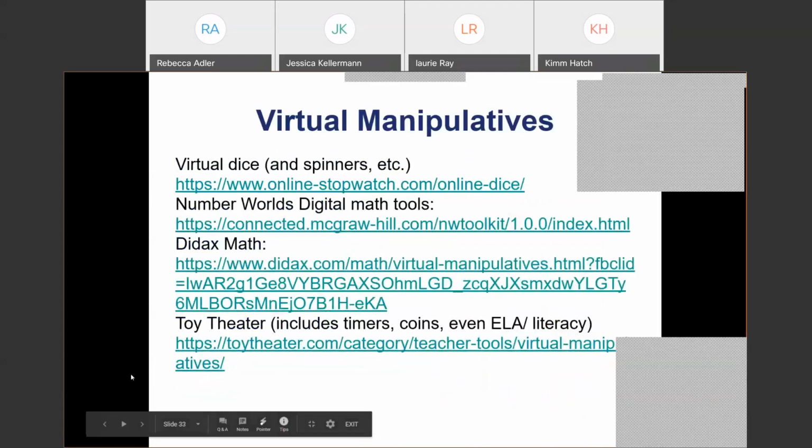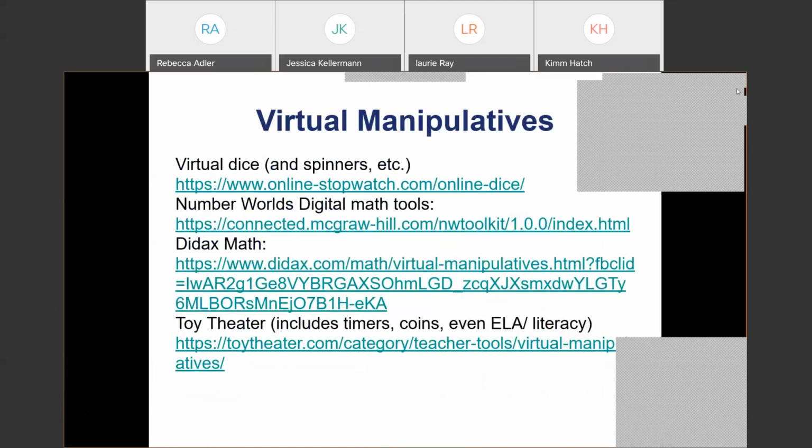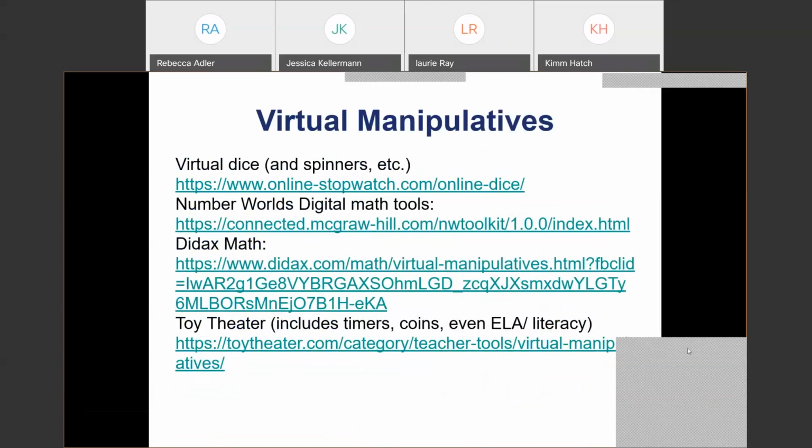These are just a bunch of links to different virtual manipulatives. I know not everyone is one-to-one, but we're definitely slowly getting there. With the iPads and whatever, these are just more tools you can have, because I know some schools are definitely more scarce on their manipulatives. So these are just some virtual options.